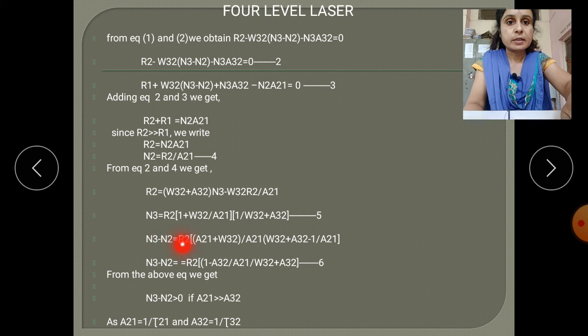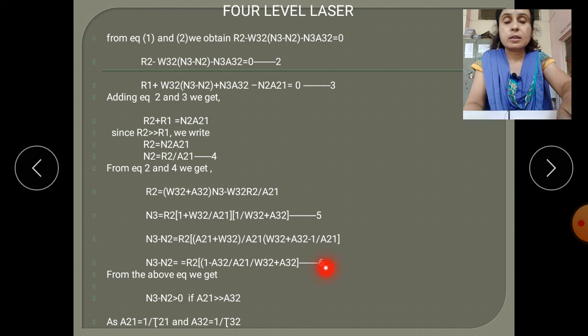So we get N3 minus N2 is equal to R2 times [(A21 plus W32) upon A21 times 1 upon (W32 plus A32) minus 1 upon A21]. In this manner, if W32 is equal to A32, we can derive the last expression. So N3 minus N2 is equal to R2 times (1 minus A32 upon A21) divided by (W32 plus A32).